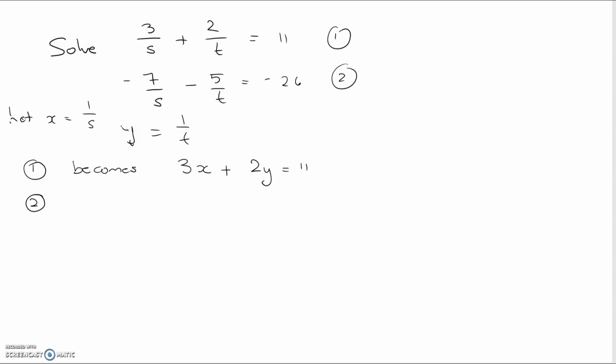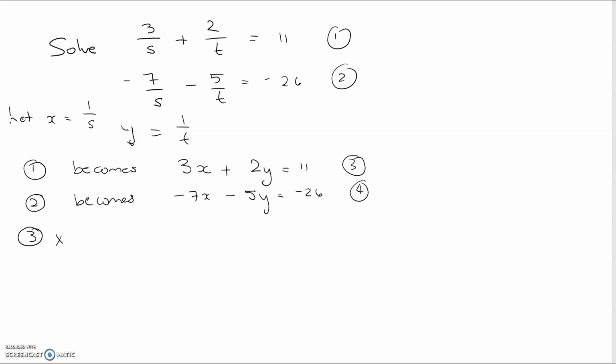And the second equation becomes negative 7x minus 5 times 1 over t, which is 5y, and that equals negative 26. Okay, give them names, and from there you can just proceed as normal.